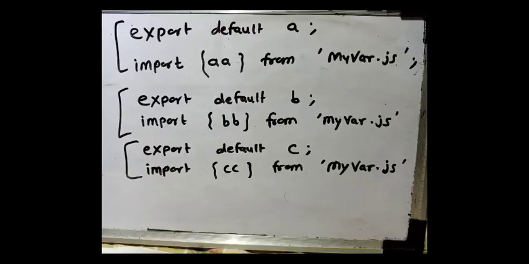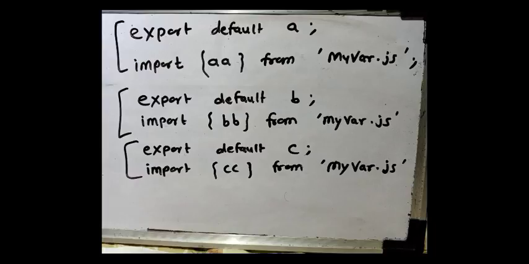Now how to use it? If you want to use it in your main JS file, you will have to write import, curly bracket, AA from myvar.js, or import curly bracket BB from myvar.js, import curly bracket CC from myvar.js.